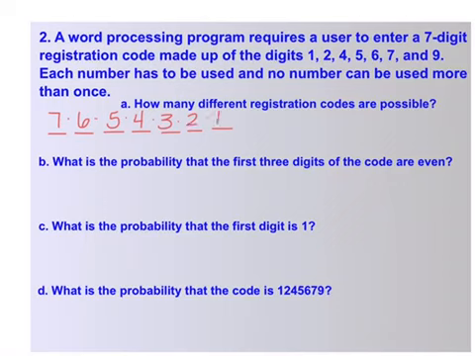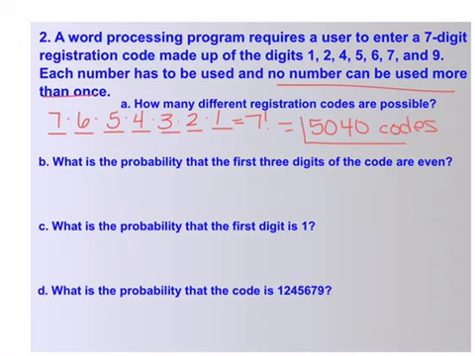So this is 7 factorial. When we plug that into our calculator, we end up getting 5,040 total codes. There are 5,040 different codes that we could come up with. So that's going to be my total.